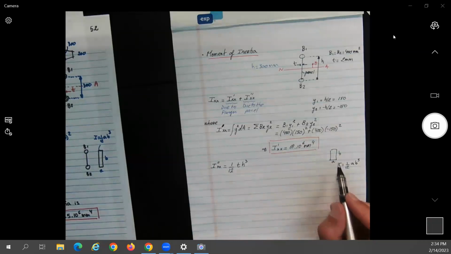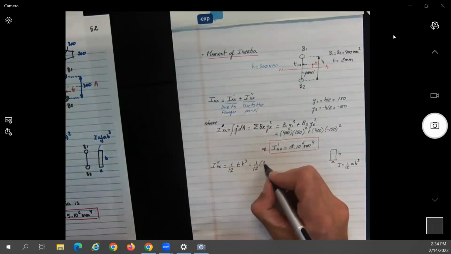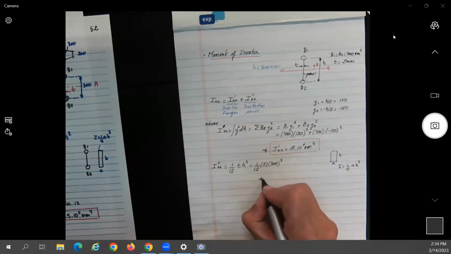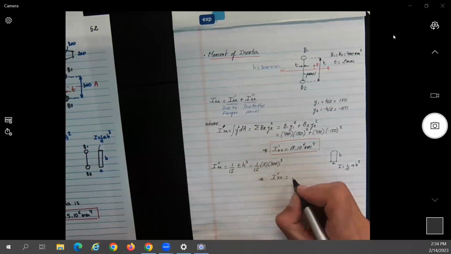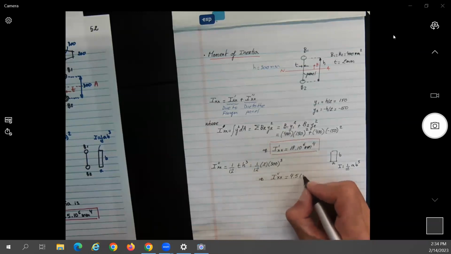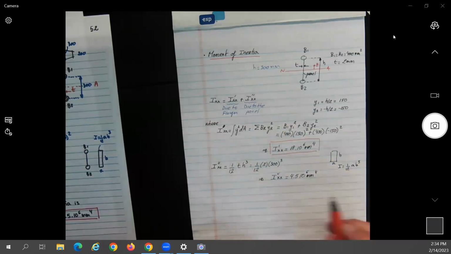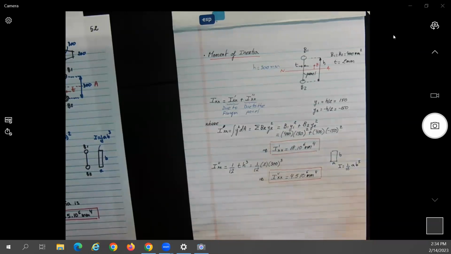This is our T over here. The a is the T. So that means that here we're going to have 1/12 times 2 times 300 cubed. And if you do the calculation, this is going to give you I double prime xx equal to 4.5 times 10 to the 6 millimeters to the 4th.